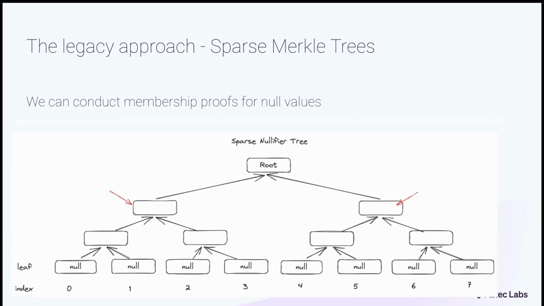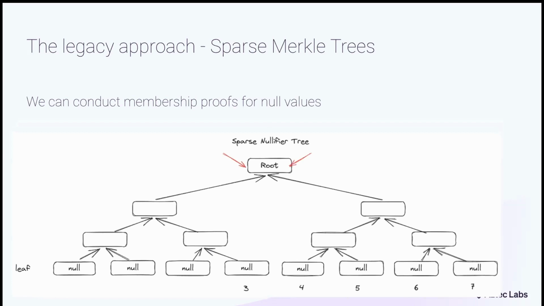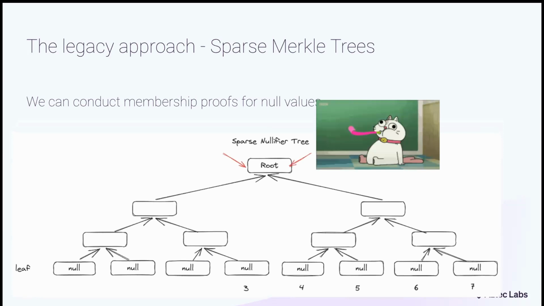So we do a couple of hashes. If we're getting to the same root as the current root, okay, we're good. There's no value in there, so we're not overriding something that was already there. Everything is nice.